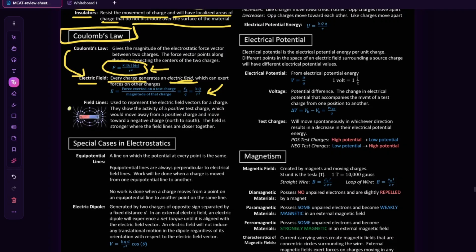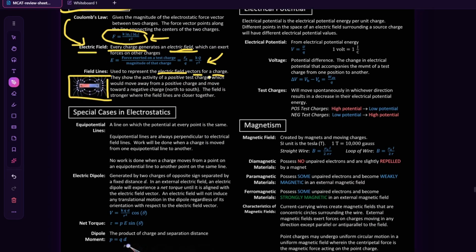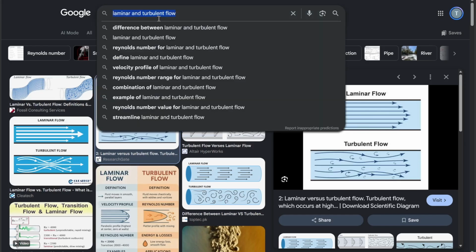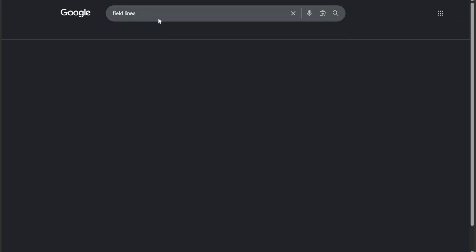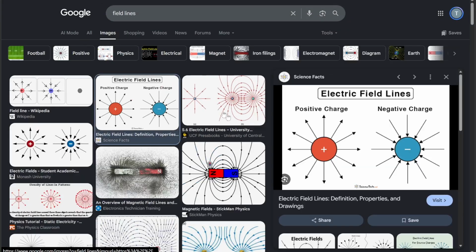Okay, field lines. This is a good diagram too. Field lines are used to represent electric field vectors for a charge. They're basically a visualization of the electric field. The way to read them is to imagine a tiny positive test charge. For a positive charge, the field lines radiate outwards, and for a negative one, the field lines radiate inwards, right?